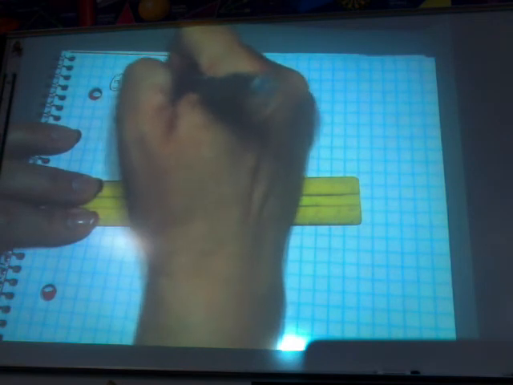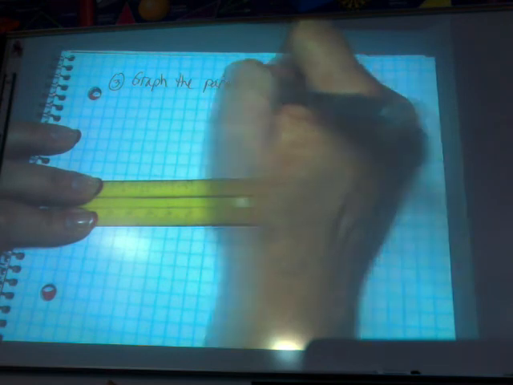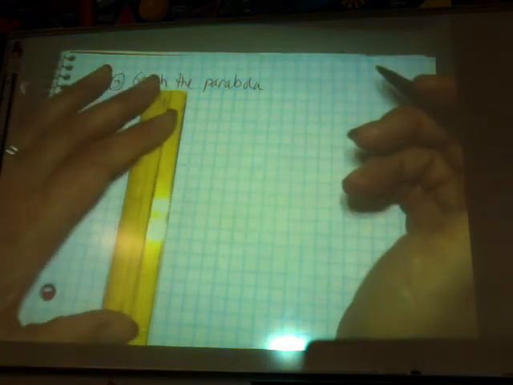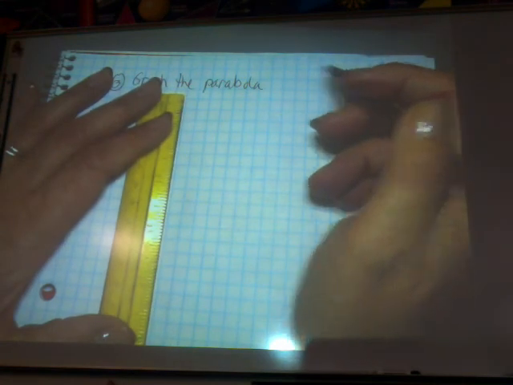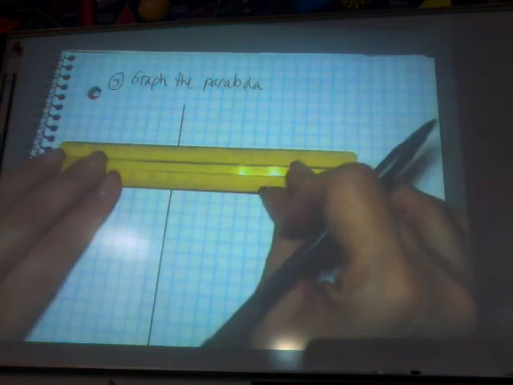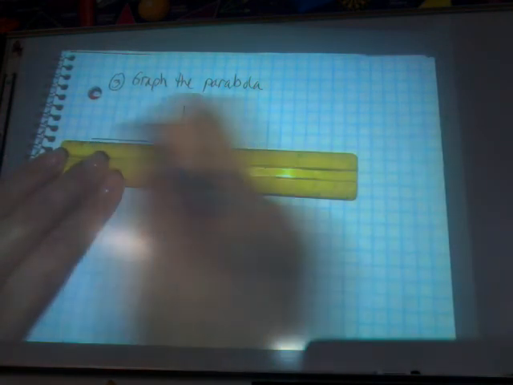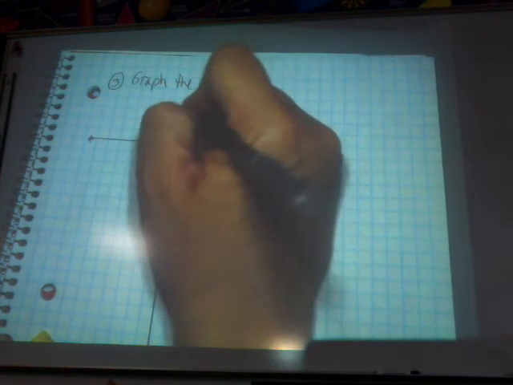So we're going to graph the parabola. So here's my coordinates. And I'm going to put my x-axis way up high, because I know that I have a really low vertex.